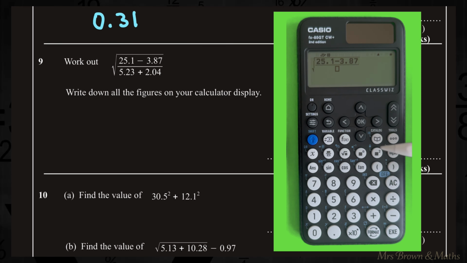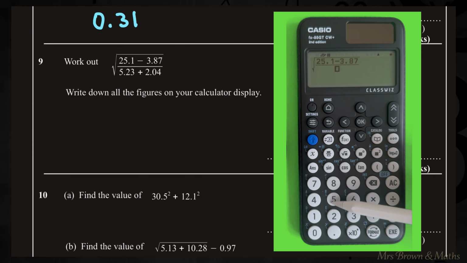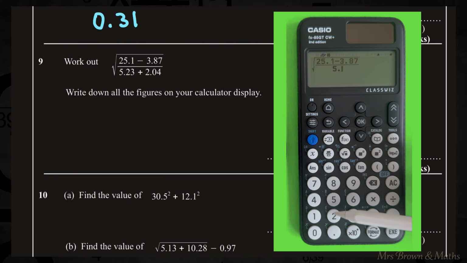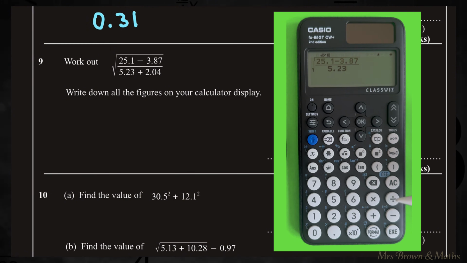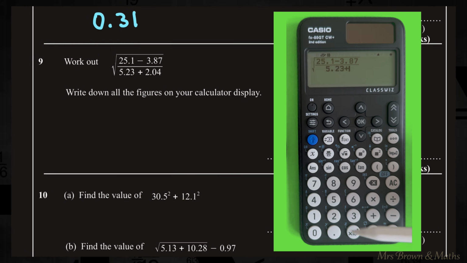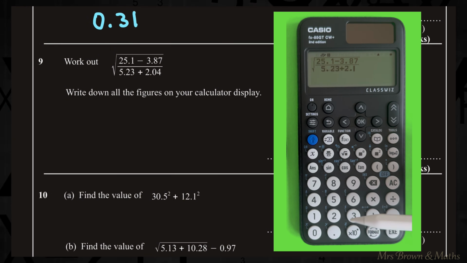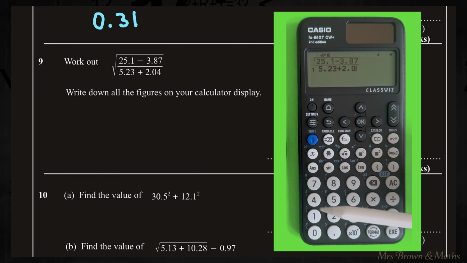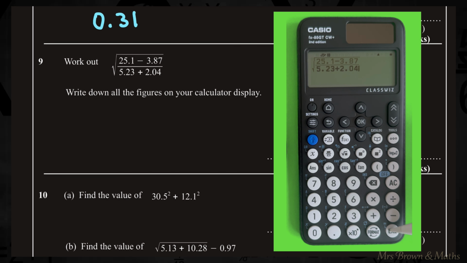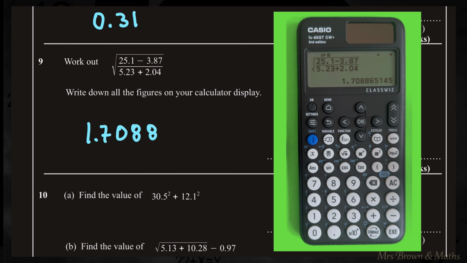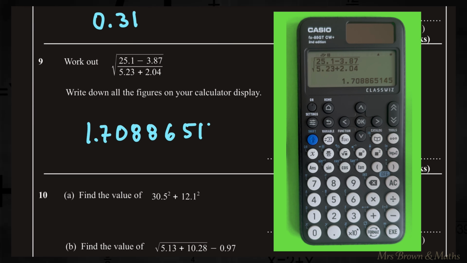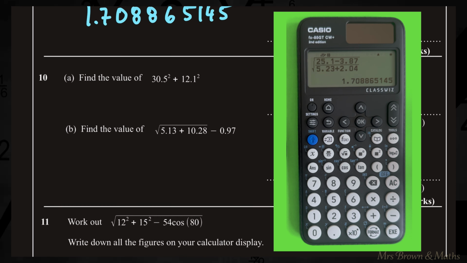Then move to the bottom, arrow, and we have the 5.23 plus 2.04 equals 1.708865145. Done.